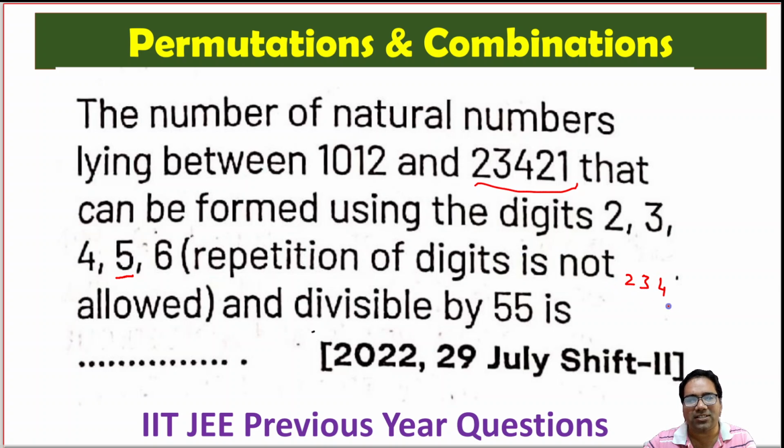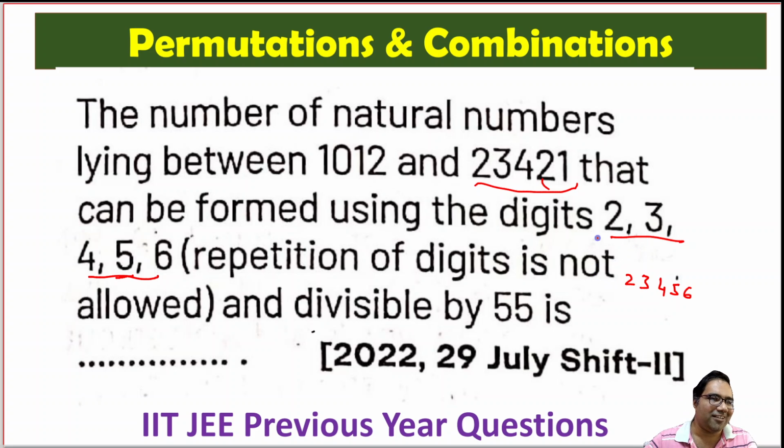The smallest number which can be formed using 2, 3, 4, 5, 6 is actually 23456, but that is still greater than this one. So there are no 5 digit numbers that can be formed.